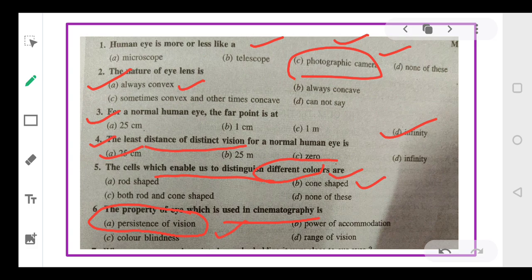Now students, understand this term. What is persistence of vision? See, when we look at any object which is in front of us, it can be a book, notebook, a person, clothes, fan, cooler, anything that we are seeing, our eyes will create an image on our retina, right?